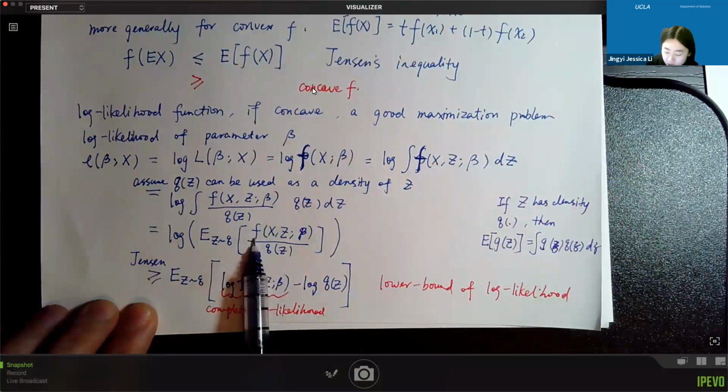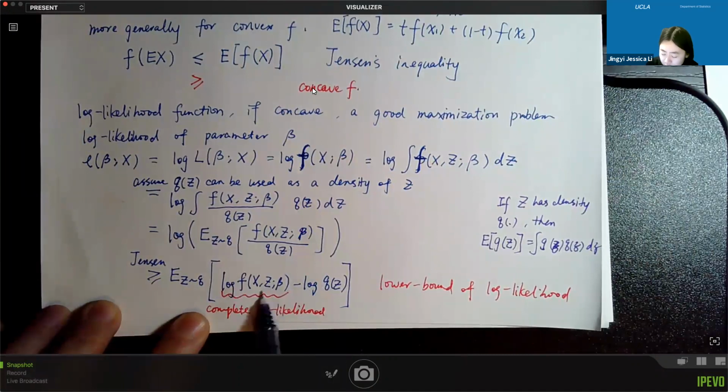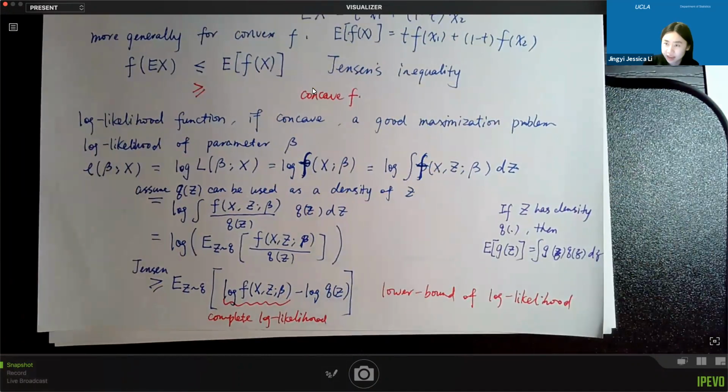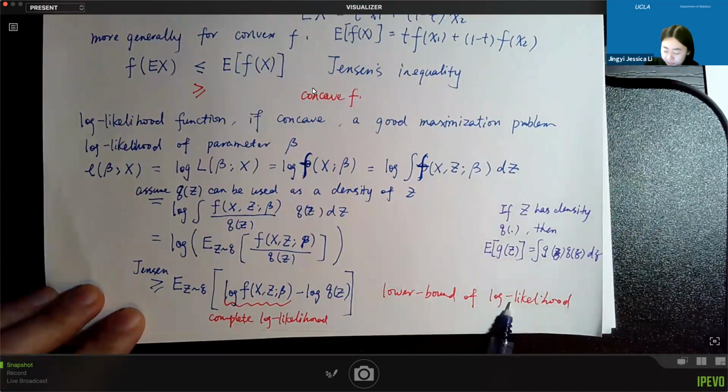And because the log of the ratio can be written as the difference of two logs, we have log f(x,z; beta) minus log q(z). We see that only the first term is related to our parameter of interest beta. Beta is only in the first term, but not in the second term, because the second term is arbitrary. Any density q can be used here.